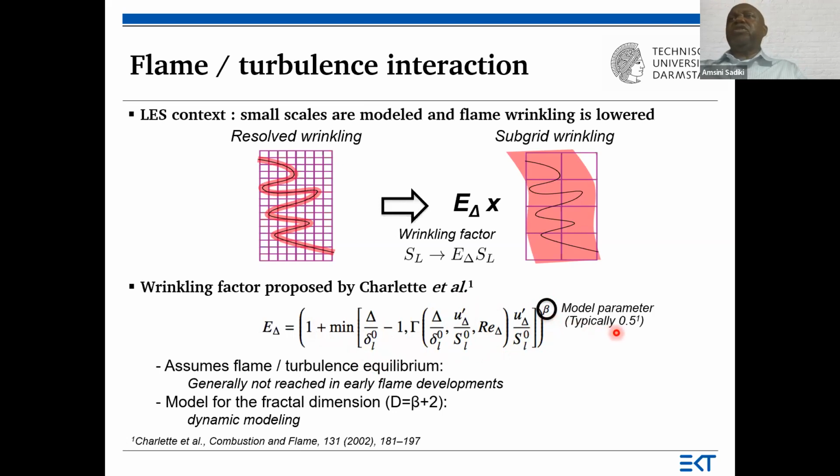It can be put as constant, but we have also tried to make it dynamic, and we have some dynamic procedure to calculate this. To generate this model, we assume the equilibrium between the flame and the turbulence, and we also try to include some fractal dimension in which we have this beta.